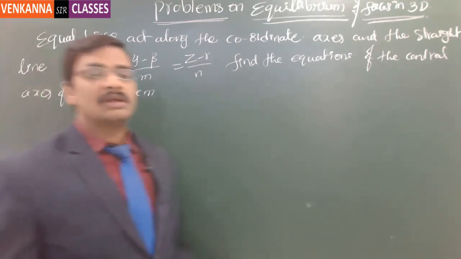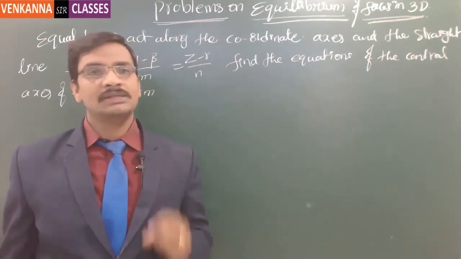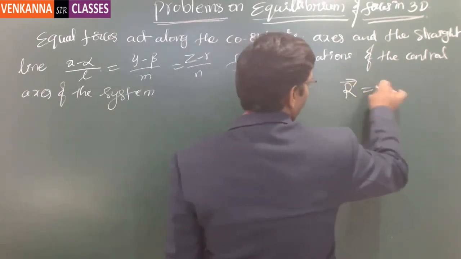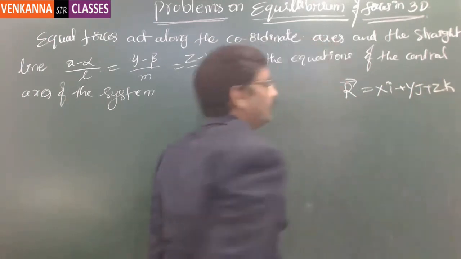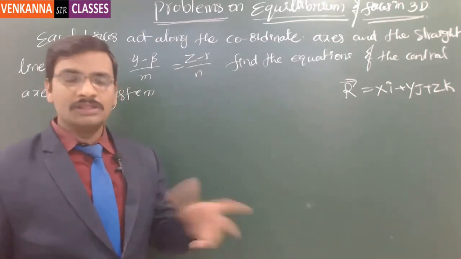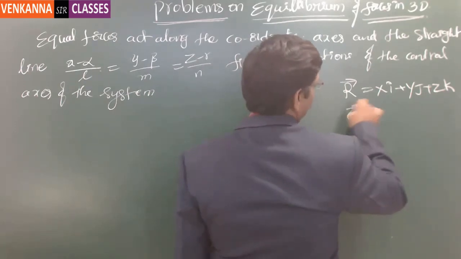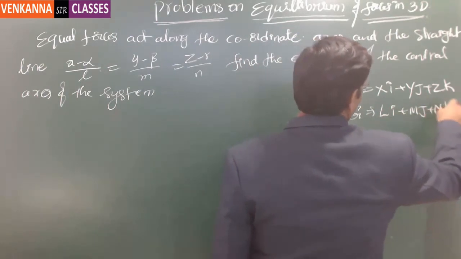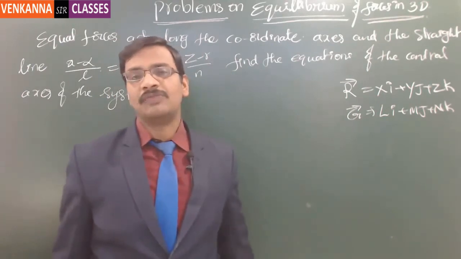One is the sum of all the resolved components of the forces along all three coordinate axes, which is R, in the form of Xi plus Yj plus Zk. And then you have to find the resulting moment of all the forces together, that is G equal to Li plus Mj plus Nk. These are the two important things you have to calculate.